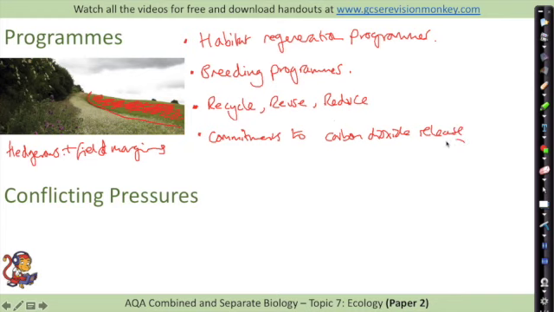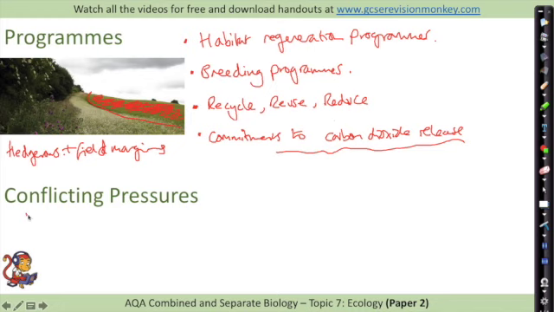So they might put tariffs on very major companies to make sure that they're not releasing so much carbon dioxide into the environment. They may have incentives for them and rewards or sanctions if they do release too much carbon dioxide into the environment over the course of a year, for example. So all of these things will work to help maintain and improve the biodiversity.